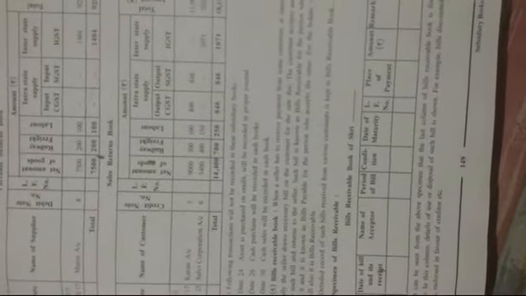Such a bill is known as bills receivable for the person who draws it, and it is known as bills payable for the person who accepts the same. So here the customer is going to accept the bill. That's why it is bills payable for the customer, the person who accepts it. And here the business is the one who draws, correct?